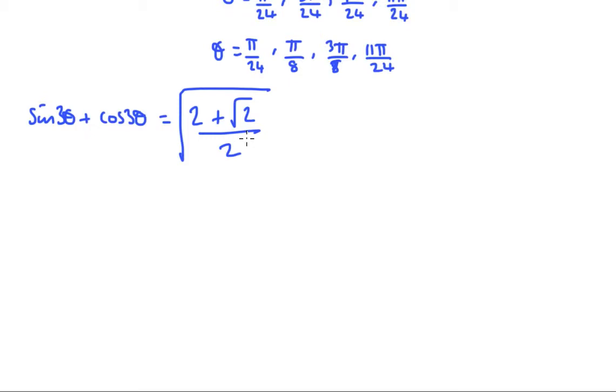And if you work that value out, that's 1.307. So I'm just going to check that for each of these values I am getting 1.307.